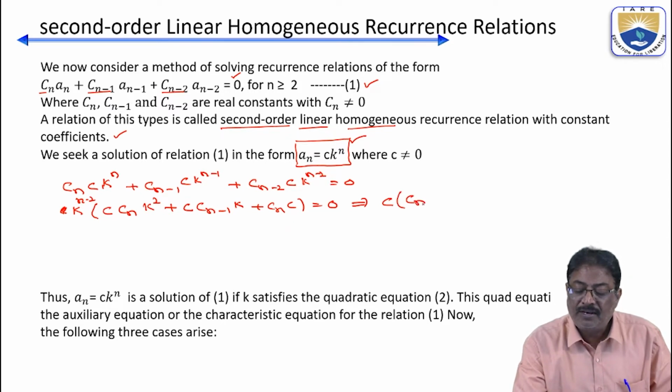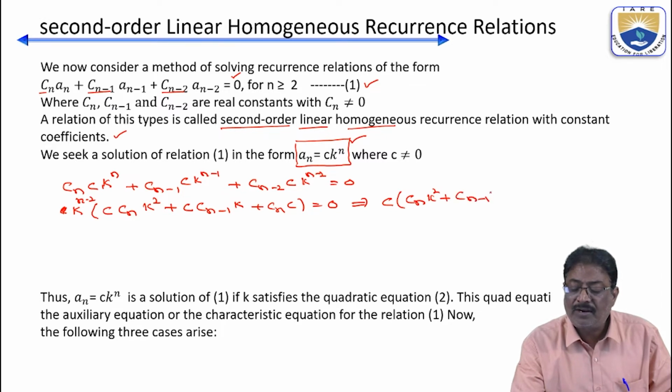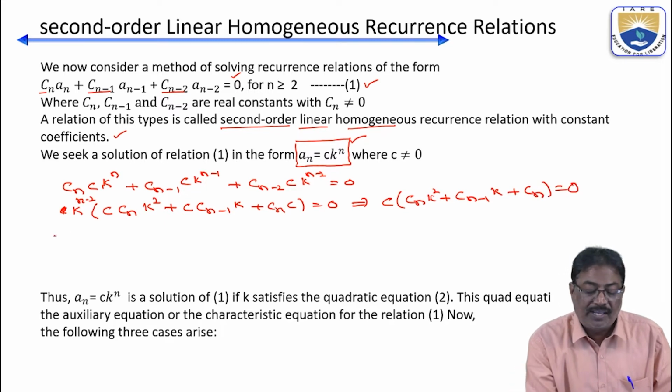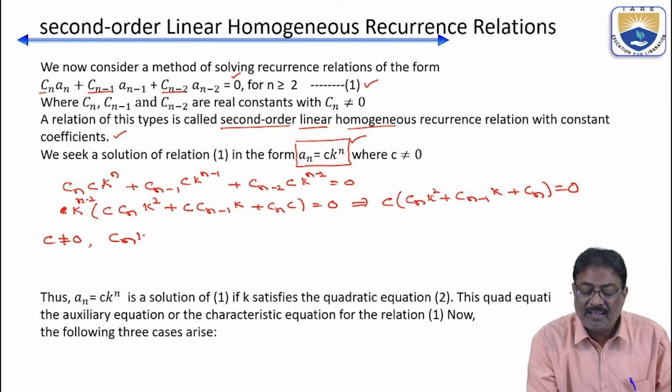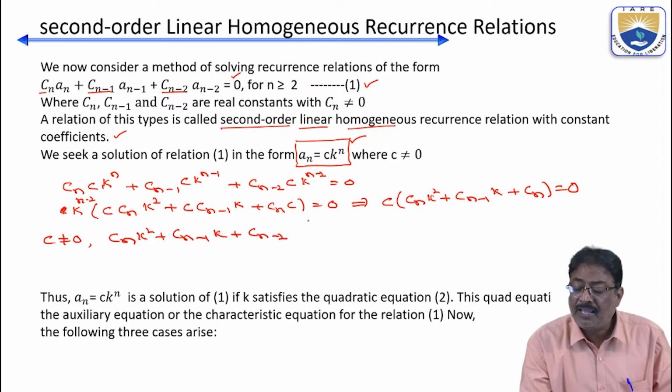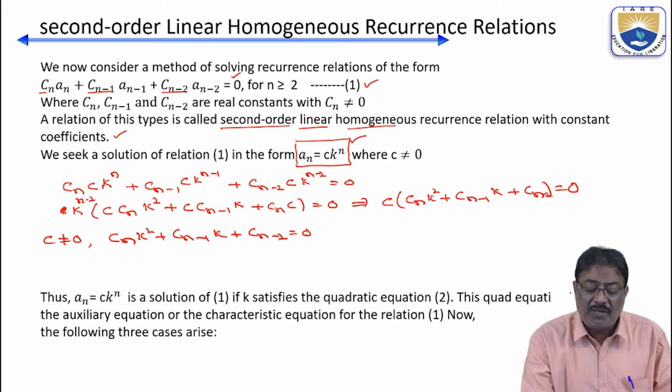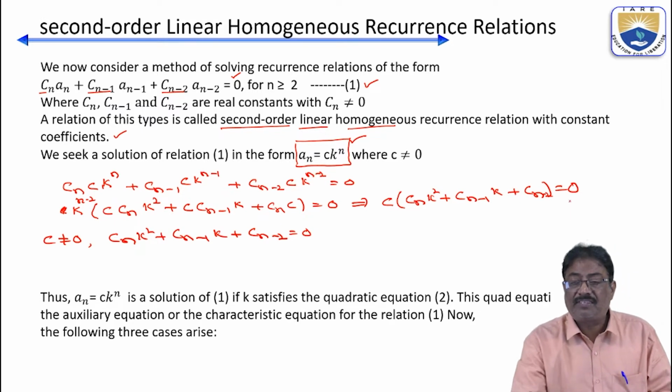Then c_n k^2 + c_{n-1} k + c_{n-2} = 0. This should be equal to 0 because the product is 0 and c is not equal to 0, so ultimately this should be equal to 0.